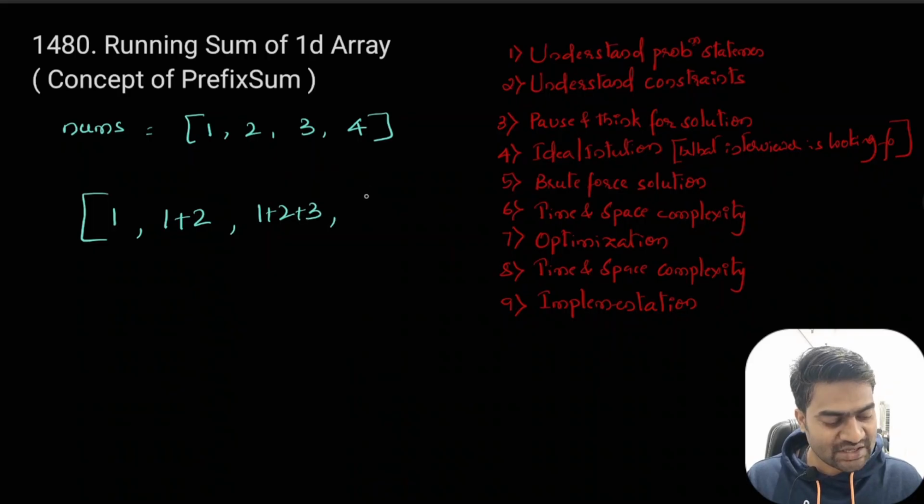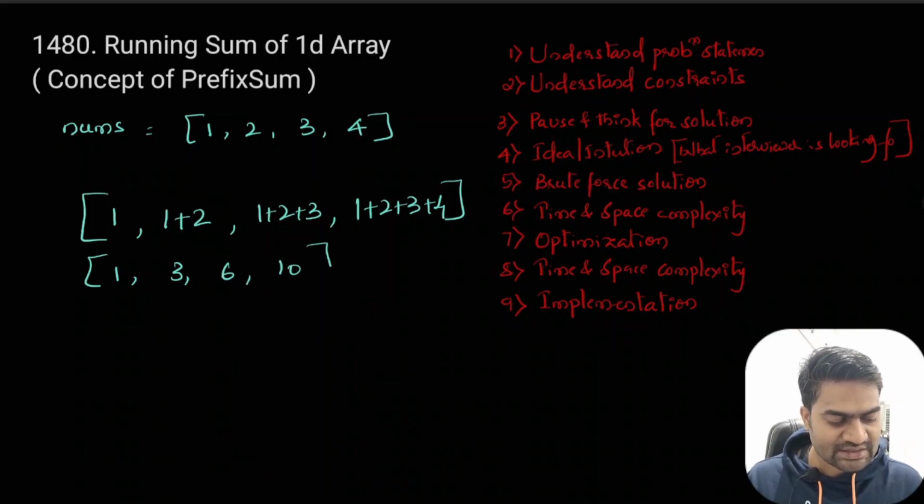And for the fourth number, it will be 1 plus 2 plus 3 plus 4. So this becomes 1, 3, 6, 10. We need to return this array. Hope this is pretty much straightforward.